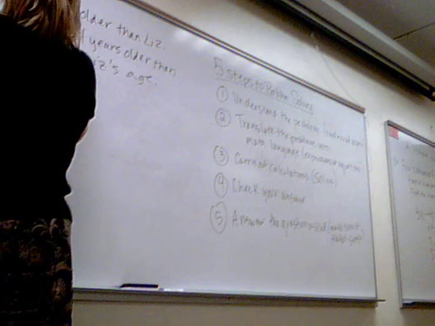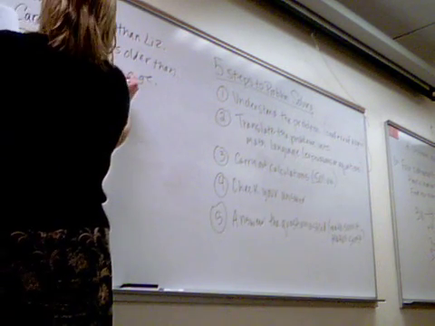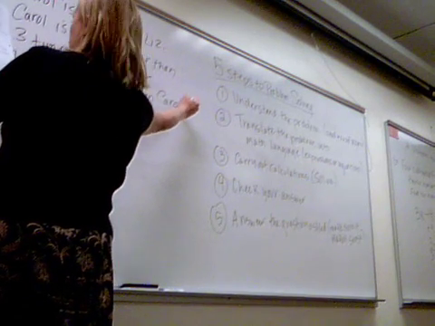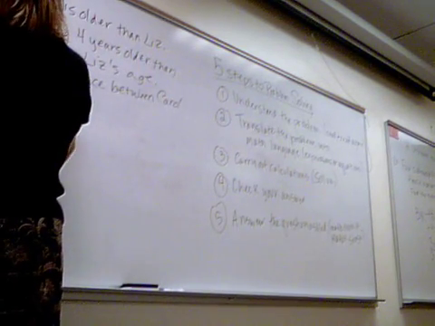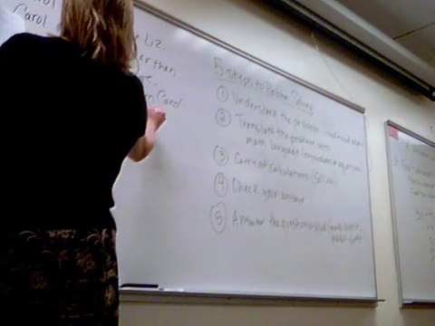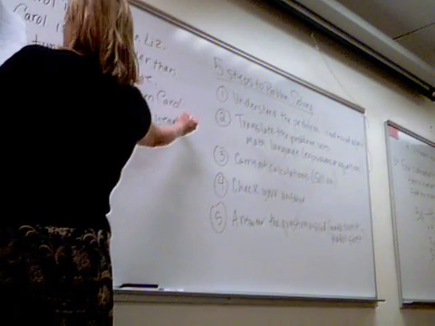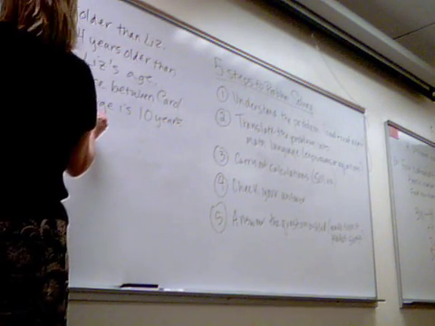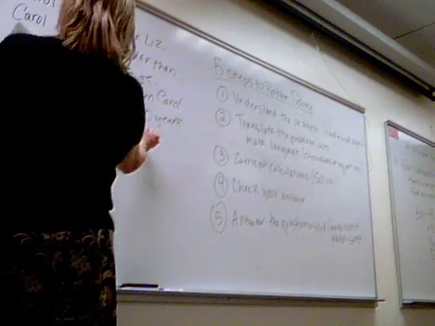The difference between Carol and Liz is 10 years. Determine Liz's age.